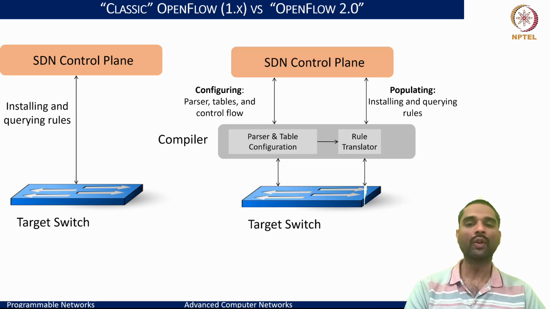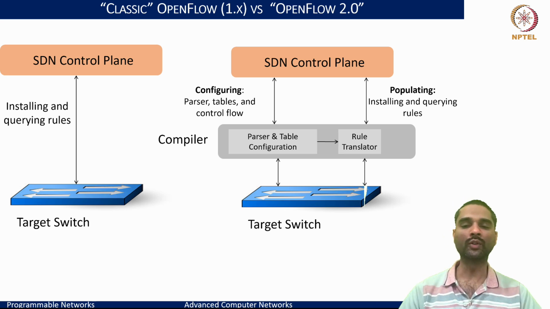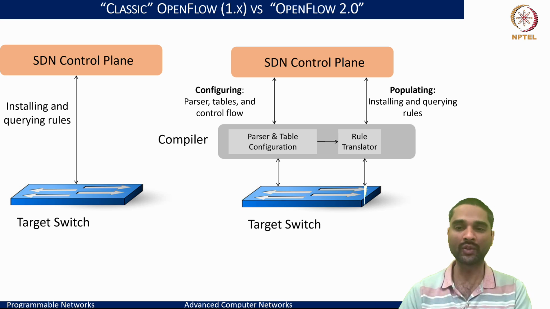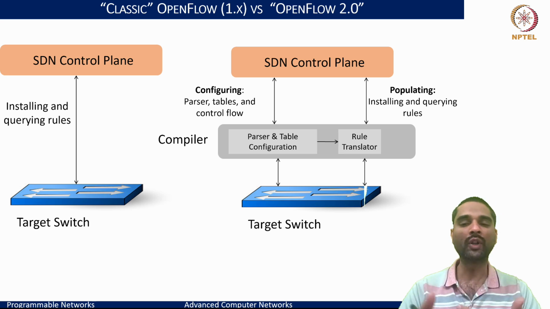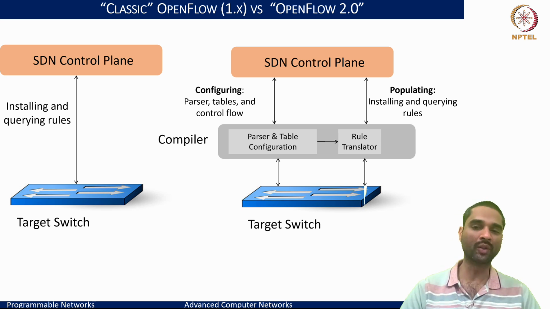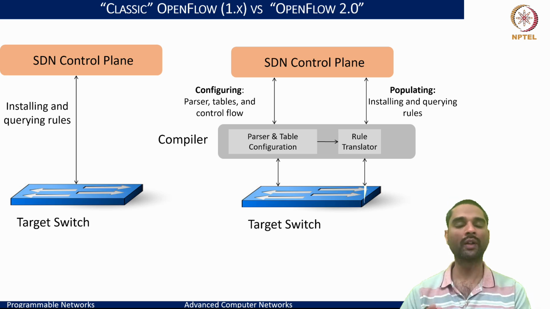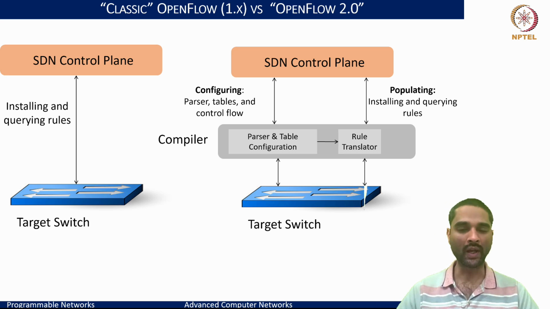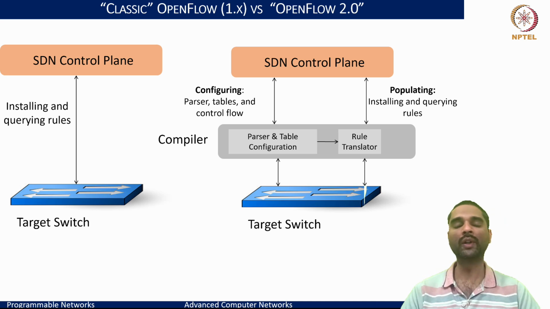And now we are trying to go beyond just installing and querying of the rules, to even add the parse graphs and including the table configurations themselves. So earlier we considered tables to be given and we would try to just fit the rules within those tables. Now we would want to configure and update the table aspect. That's what we saw earlier, like how the logical tables can be built on physical tables.